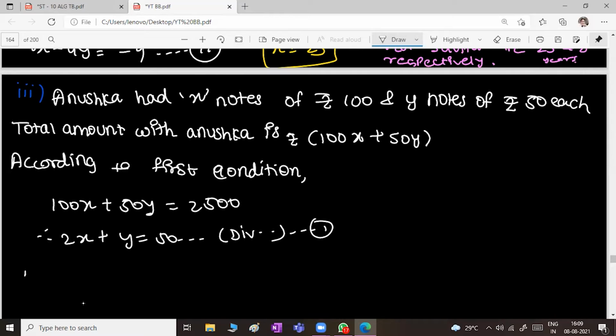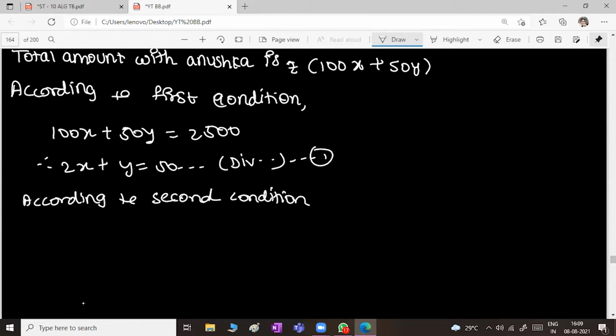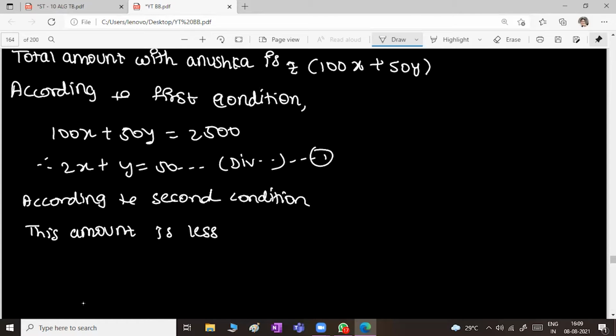Now according to the second condition, what does it say? The second condition says that this amount is less by rupees 500. Therefore, 100y plus 50x is equal to 2000.